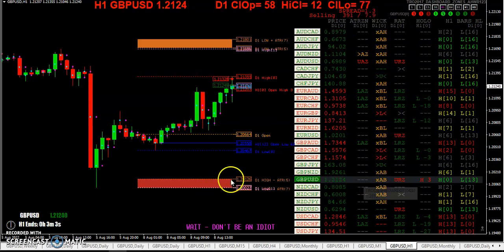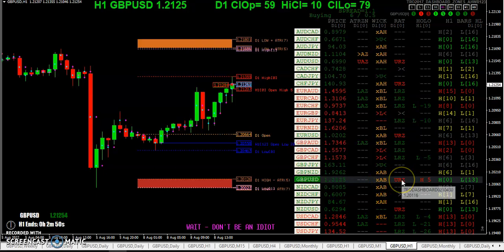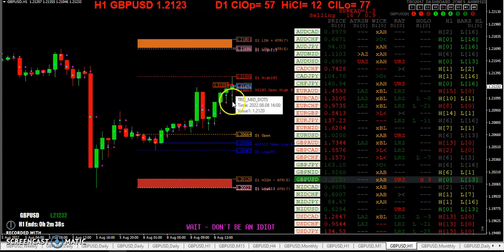We crossed the bottom of that wick zone of the candle. We're in the upper rat zone, 4 pips above the hour low, highest open.